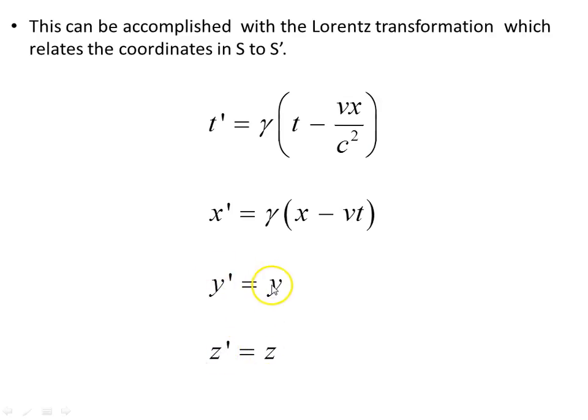Now for these two coordinates, y prime equals y and z prime equals z are the same because the motion is in the x direction only. So all other directions perpendicular to the direction of motion are not affected by any Lorentz contraction. So y prime equals y, z prime equals z.